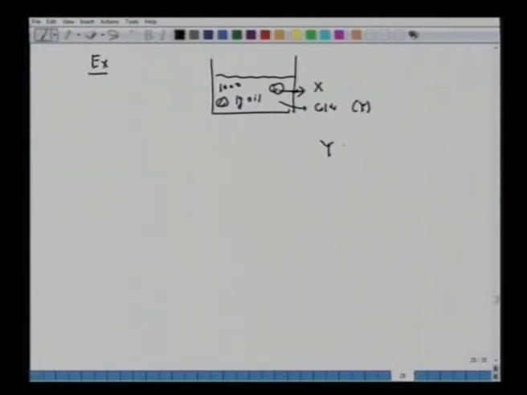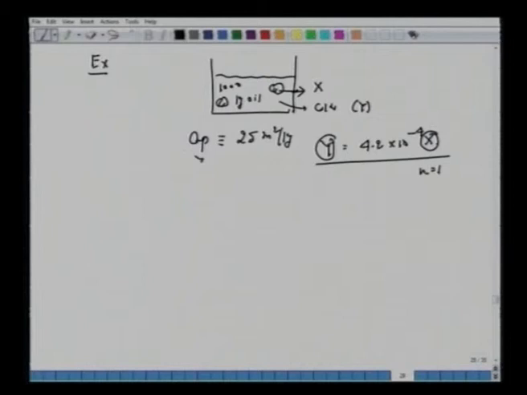Let's see, we have the equilibrium, y equal to 4.2 10 to the power minus 4 x. So essentially n equal to 1 for our simplicity. So kg of color per kg of solid phase, and here we have kg of color per kg of this oil phase. Let's say we have AP, surface area of this charcoal, as 25 meter square per kg. This AP is the same as the nomenclature we have used, maybe AS.